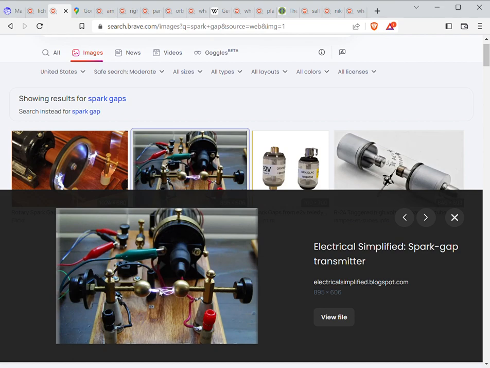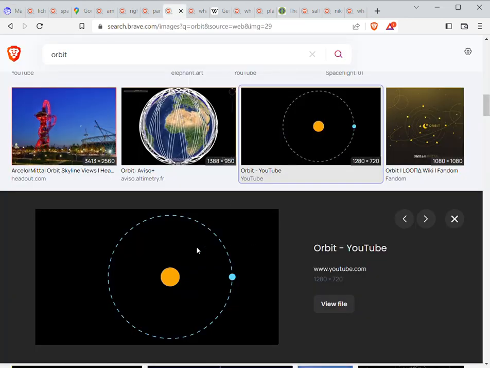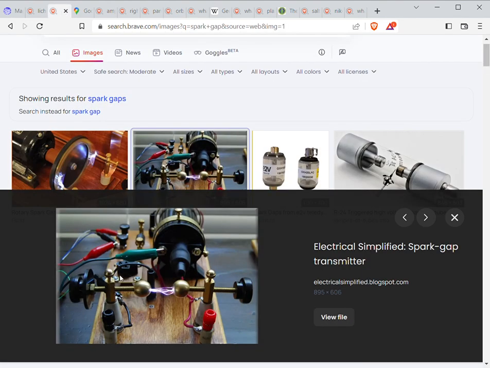Let me double check this here. Yeah, we're right here. Double check. Yeah, there's still the need to balance the charge between these two potentials. So yeah, we're still right here.